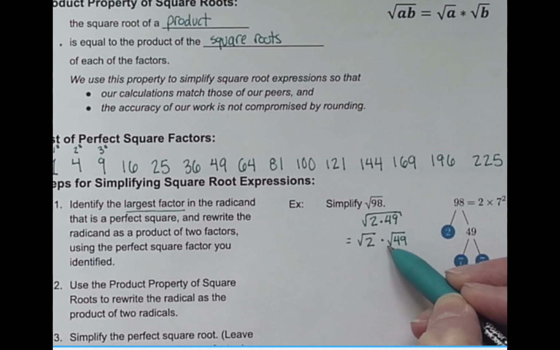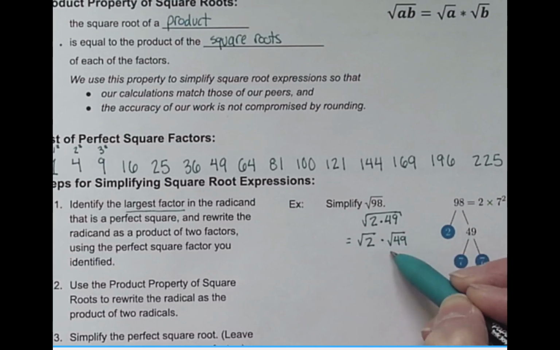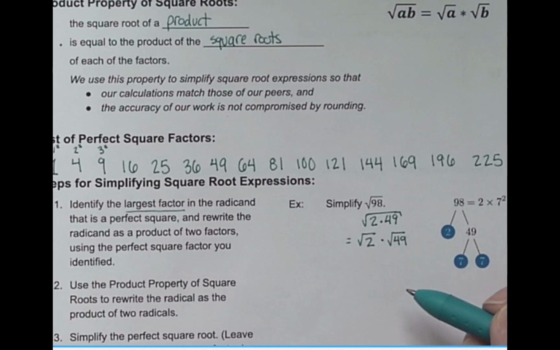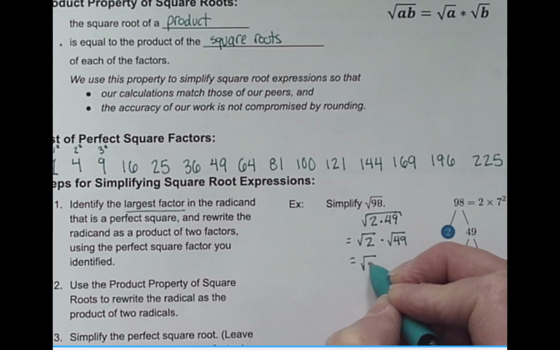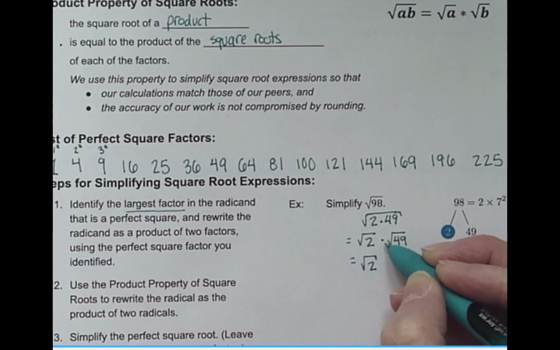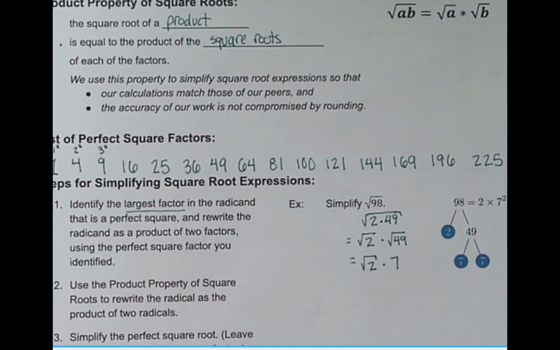And then I can see that I can simplify this one. I know the square root of 49 is 7. That's the number I can multiply by itself to get 49. So I'll just change this to 7. Now, no self-respecting mathematician is going to write it like this.